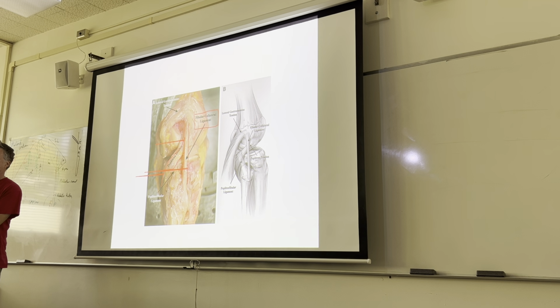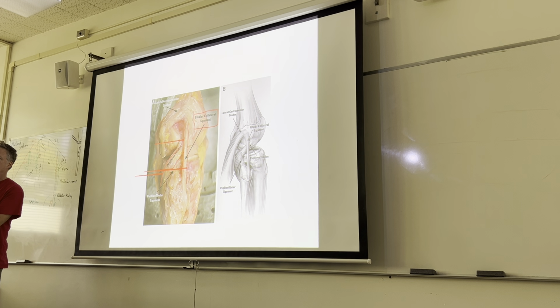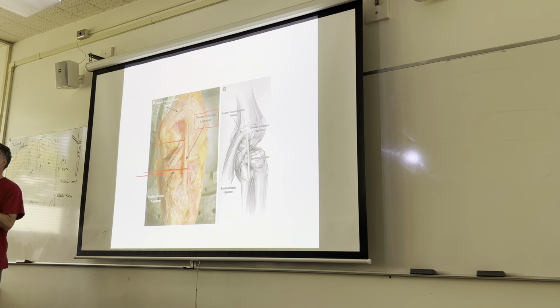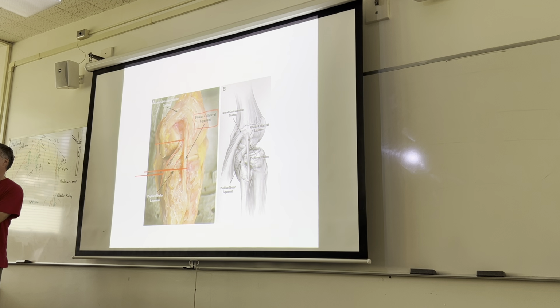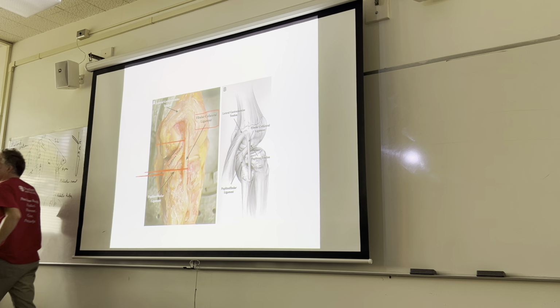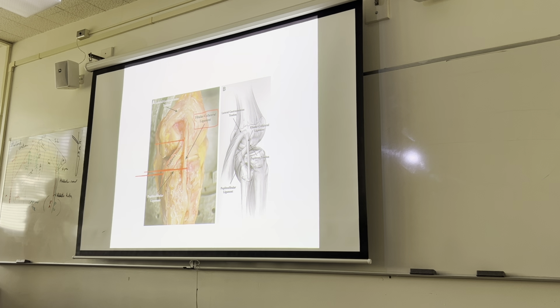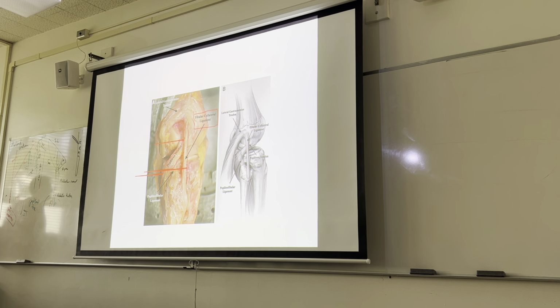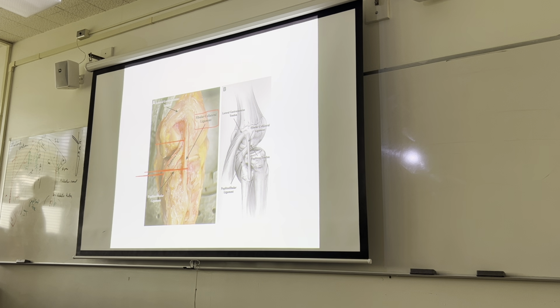The reason the medial meniscus and medial collateral are often torn together is they're attached to each other. You can tear the lateral meniscus. You can tear the lateral collateral ligament, but they're not often torn together because they're not attached. What's separating them is the tendon of popliteus. Okay? Thank you. When you tear all three of those things, ACL, medial meniscus, and medial collateral ligament, that's called the terrible triad.